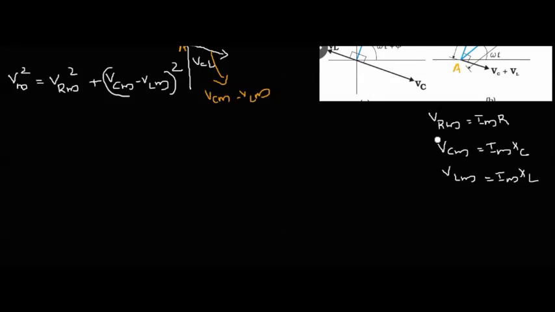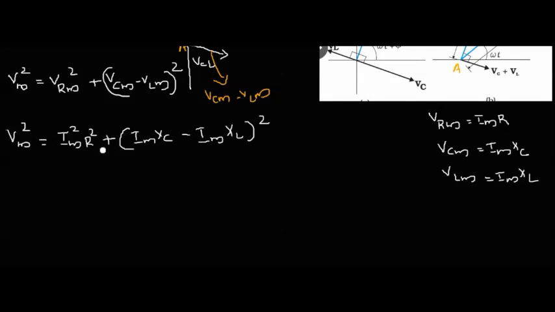So from these equations we substitute, instead of VRM, Im into R, and VCM, VLM in this equation. So we will get Vm square is equal to, instead of VRM square, Im square into R square plus, instead of VCM, Im into XC minus, instead of VLM, Im into XL the whole square.